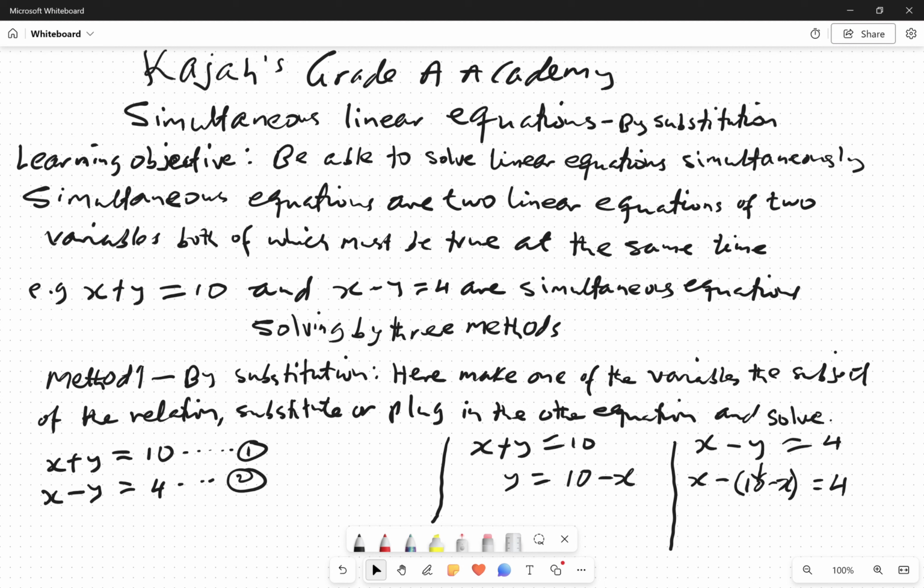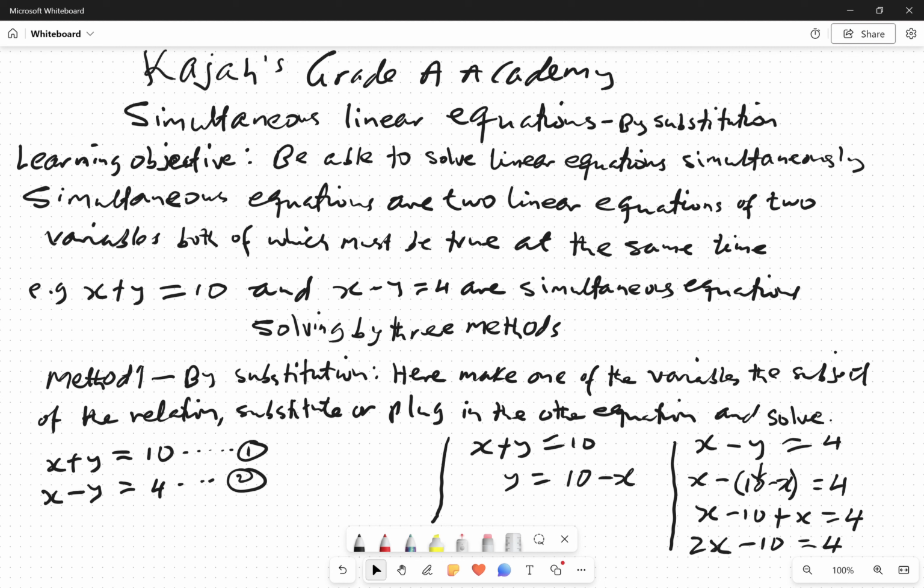So it's the whole of y, not only minus 10 or minus x, the whole of y. So the y is 10 minus x. And then we expand or distribute. So x minus 10, and then minus and minus becomes plus x, is equal to 4. So x plus x is 2x. 2x minus 10 is equal to 4.